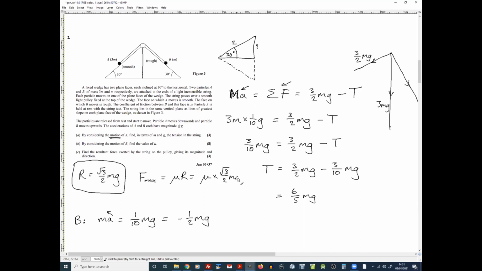So what we're subtracting, the friction, is root 3 over 2 mu mg. Why not do it slightly differently? Then you could rearrange for mu more easily if you kept the mu outside. Quite possibly, yes. I might have chosen that.